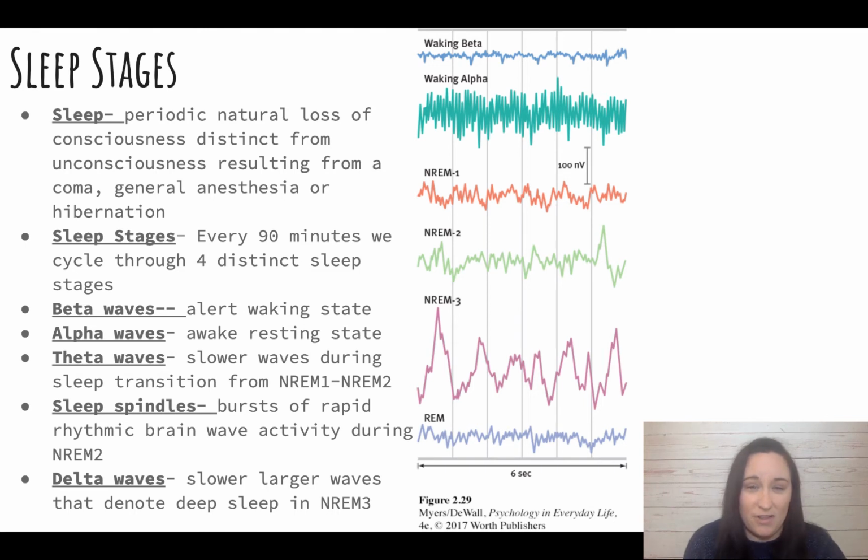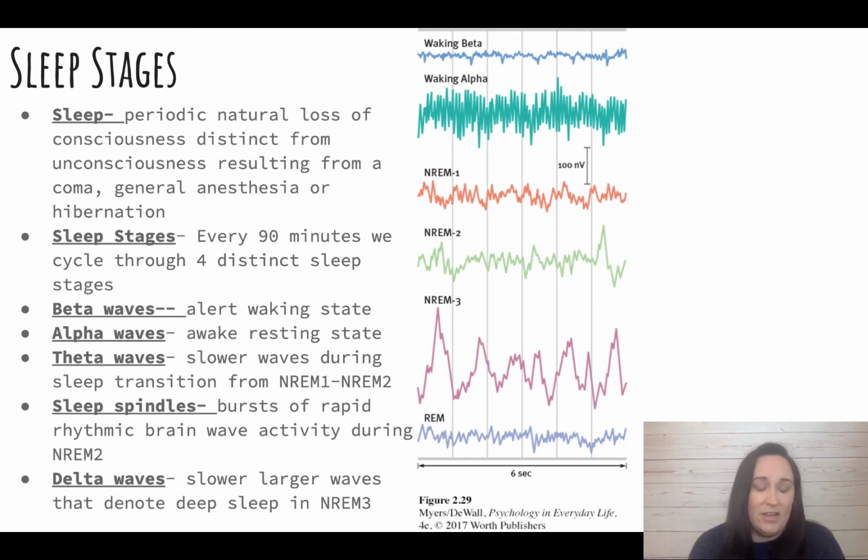So those are the slower waves during our non-REM 1 and non-REM 2. In non-REM 2, they'll see bursts of what they call sleep spindles. So if you look towards the end of this non-REM 2 wave, you'll see a big high and low at the end. That's a sleep spindle. So rapid brain activity is occurring right there.